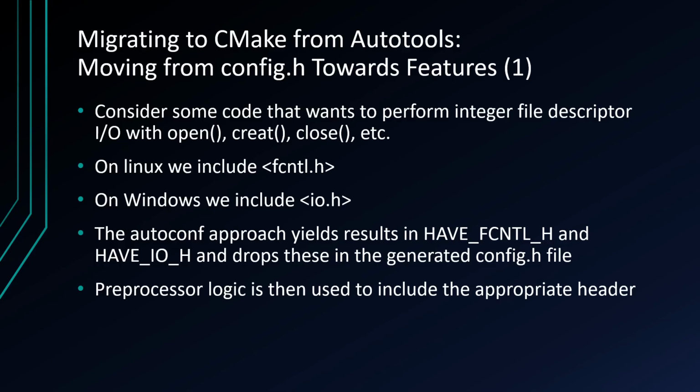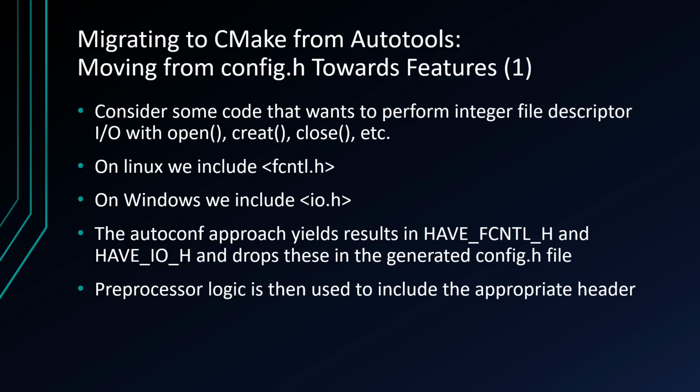The Autoconf approach results in these two macros, either defined or undefined, that tell you the results of searching for these header files. Then that preprocessor logic has to be used whenever you include config.h in a client file. So you end up with: #ifdef HAVE_FCNTL_H, #include fcntl.h, #endif, #ifdef HAVE_IO_H, #include io.h, #endif.